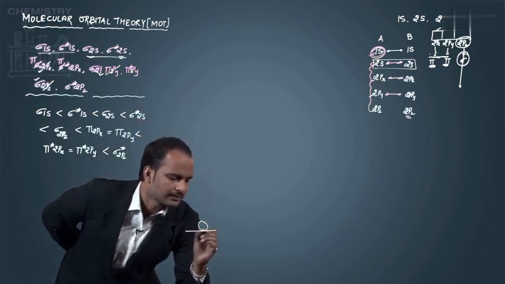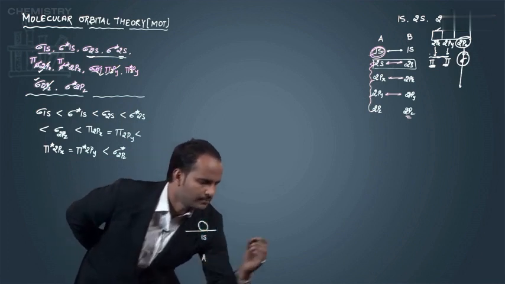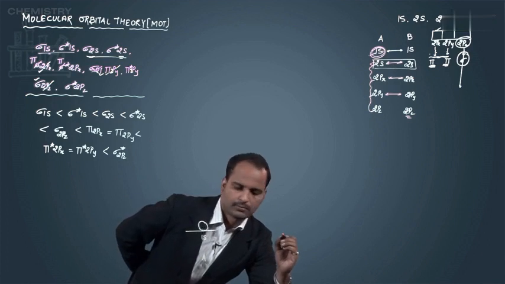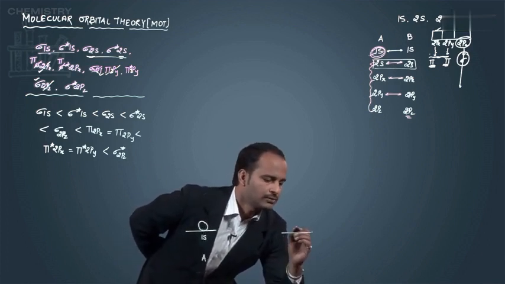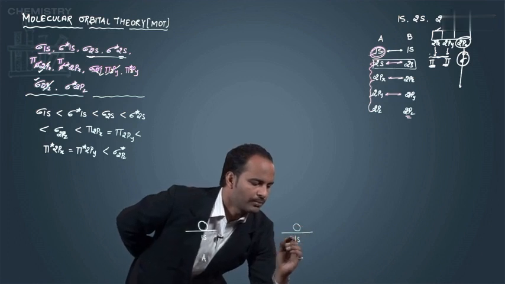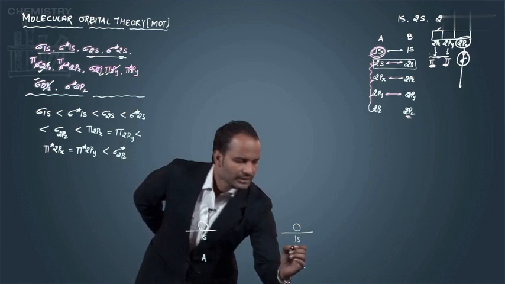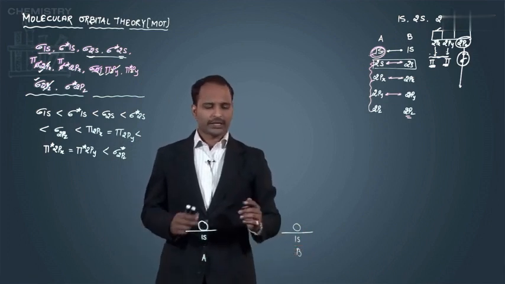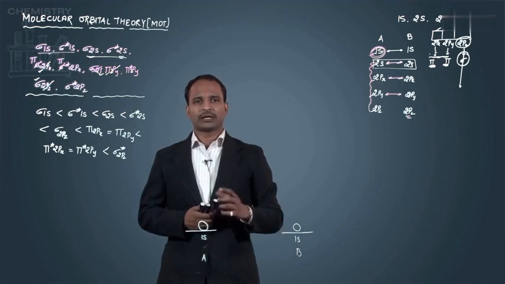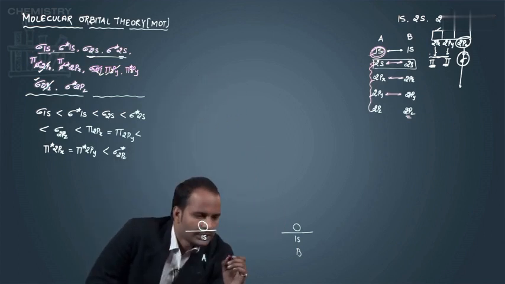This is the 1s orbital of A atom. Here we have the 1s orbital for B atom. Now when the 1s orbital of the A atom combines with the 1s orbital of the B atom, ultimately molecular orbitals will form, 2 molecular orbitals.